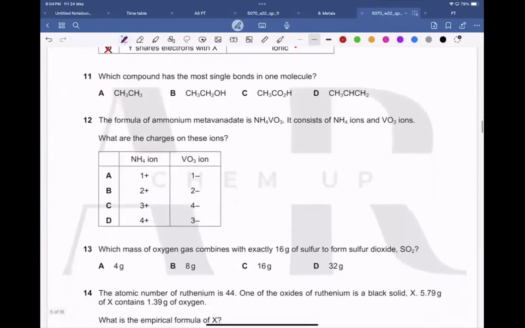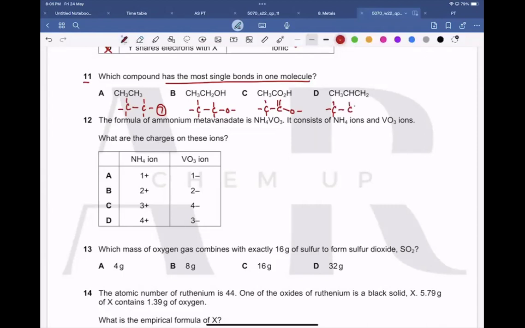Now, question number 11. Which compound has the most single bonds in one molecule? Okay, so over here, we have how many bonds? 7. Over here, 1, 2, 3, 4, 5, 6, 7, 8. No, 7 and 8. 1, 2, 3, 4, 5, 6. 1, 2, 3, 4, 5, 6, 7.